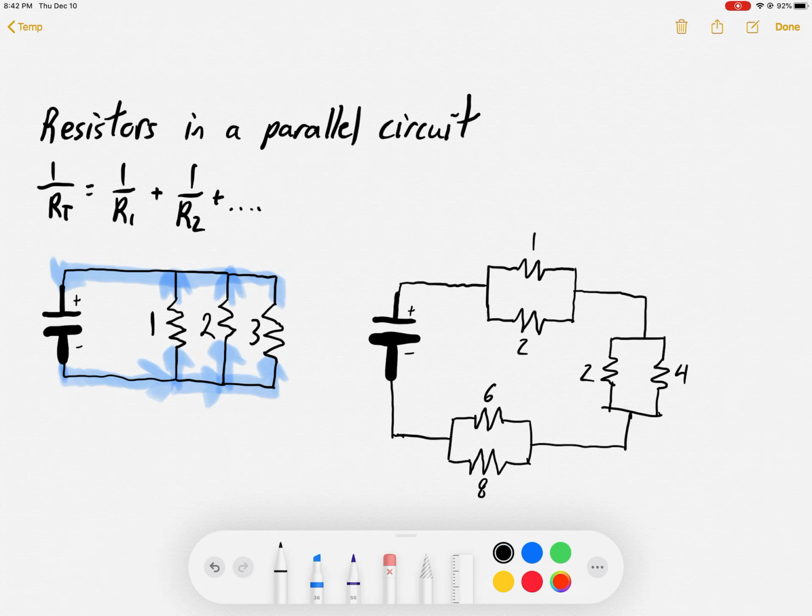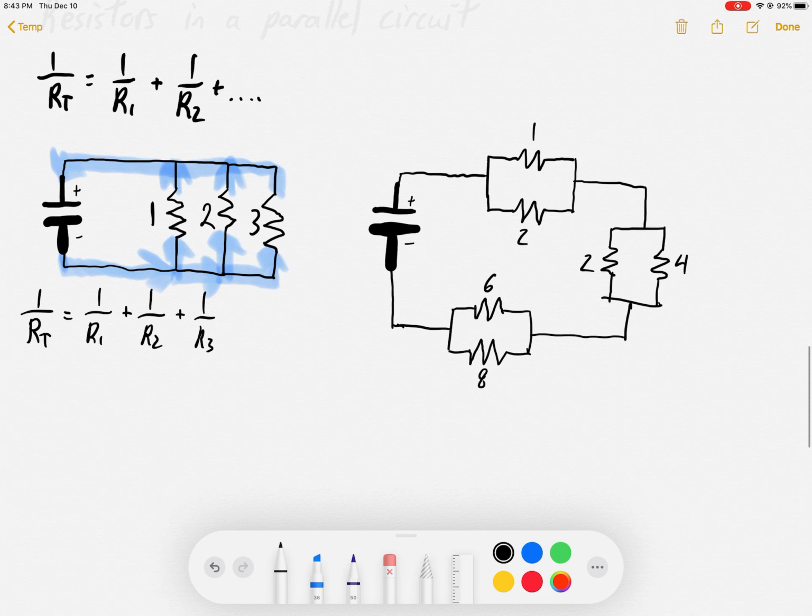Okay, so this is a 3 resistor parallel circuit, so it's going to be 1 over RT is equal to 1 over R1 plus 1 over R2 plus 1 over R3. I input the values, so this is 1 over RT. Resistor 1 was just 1, resistor 2 was 2, and resistor 3 was 3.